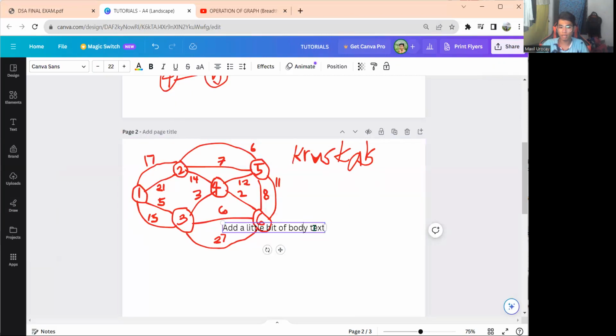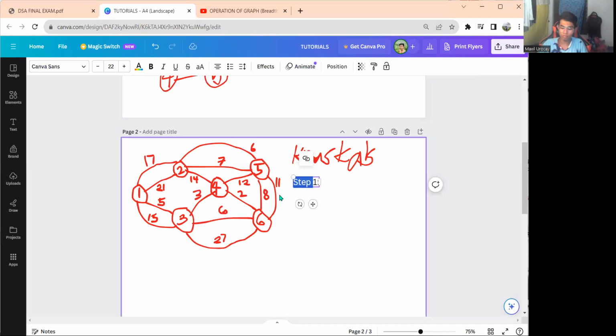Let's go step by step. Step 1 is removing all of the loops. So you remove those particular edges, paths, that are loops and parallel.